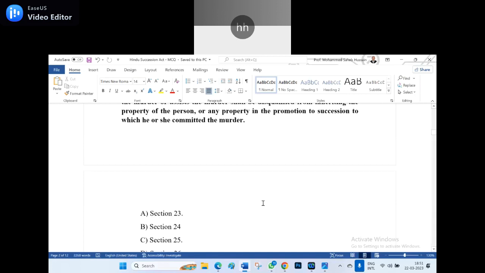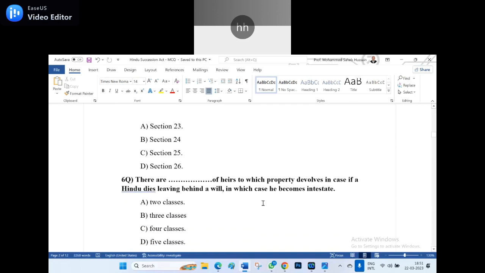So now the sixth question. Yes, anyone can unmute and read the sixth question. There are dash classes of heirs to which property devolves in case a Hindu dies without leaving behind a will, in which case he becomes intestate.